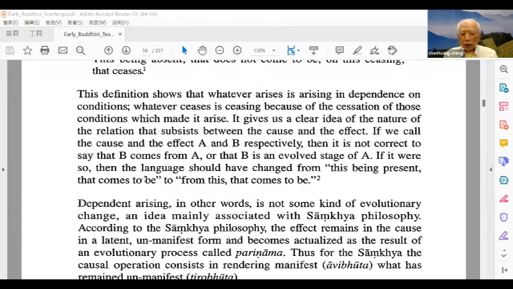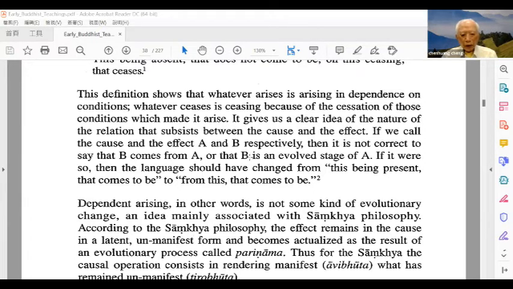Each condition will change forever to the next minute or the next second. So suppose we have 10 conditions, then the effects should be 10. 10 conditions will conduce to 10 effects. So the effect doesn't come from the condition or the cause.